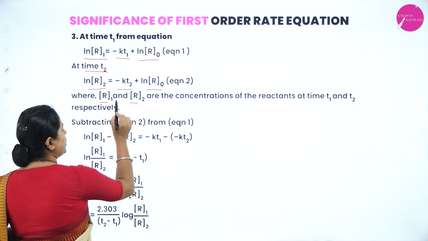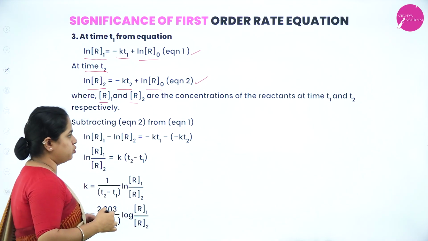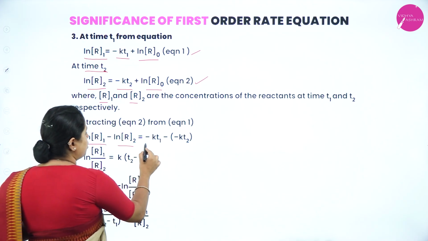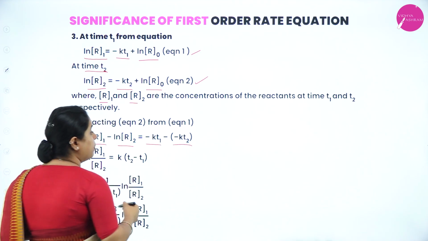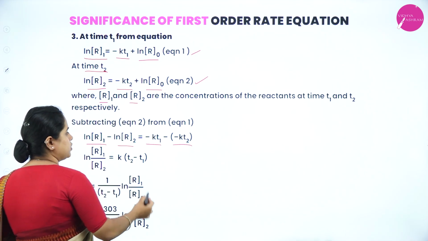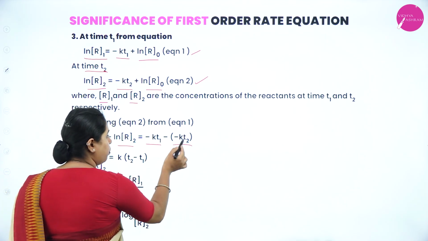Now subtracting equation 2 from equation 1. So 2 minus 1 we are going to do. So what you will have? ln R1 minus ln R2 is equal to minus kt1 minus of minus kt2, right? So that will give you plus kt2.